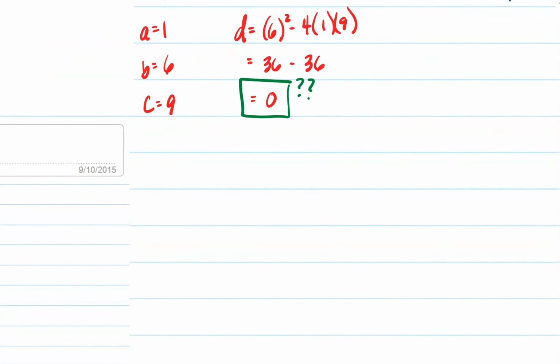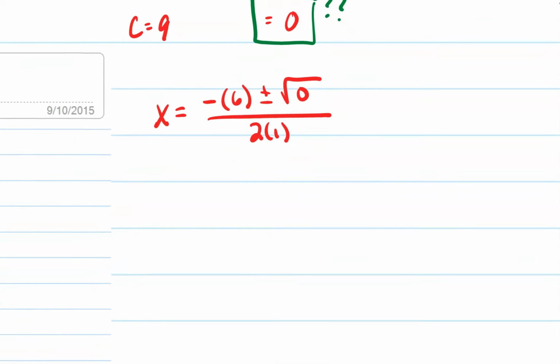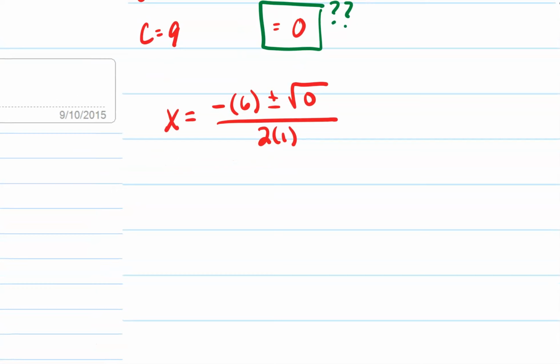If I was going to solve this, I would use this new formula now that I have the discriminant, and I would say that my result for x is equal to the opposite of b plus or minus the square root of d, discriminant, divided by 2 times a, which is 1. Well, that's kind of neat because the square root of 0 is 0, and negative 6 plus 0, negative 6 minus 0 is the same thing.